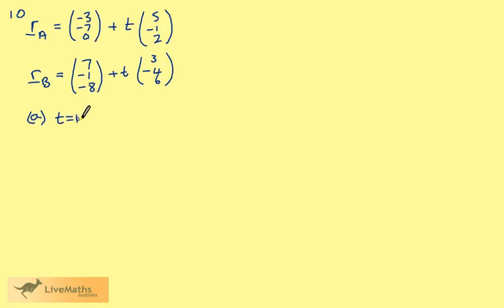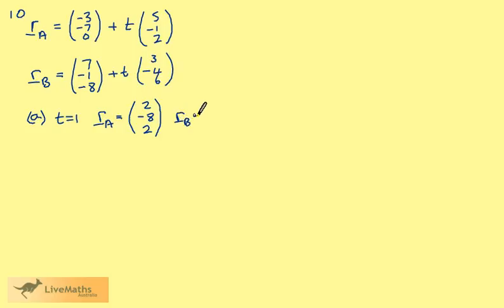So if t is equal to 1, RA is going to be -3 add 5, so that's 2. -7 take 1, so that's -8. And 0 add 2 is 2.